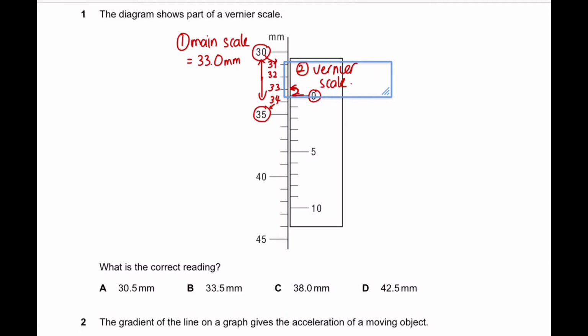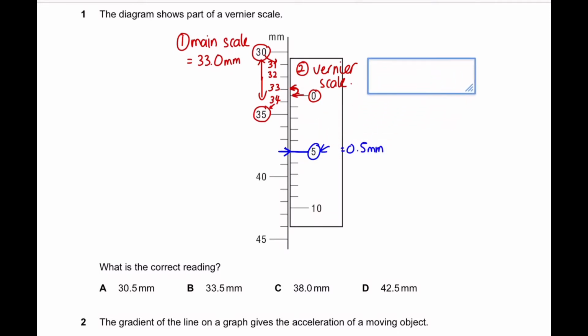How to read Vernier scale is when the two lines of both the main scale and the Vernier scale aligns. That is when we take the reading of the Vernier scale. It states right here the line of both scales align at number 5, but we don't write number 5 here. We write it as 0.5 millimeter.